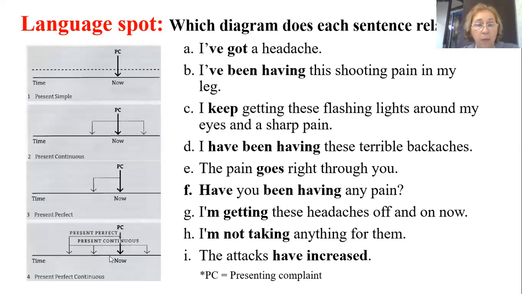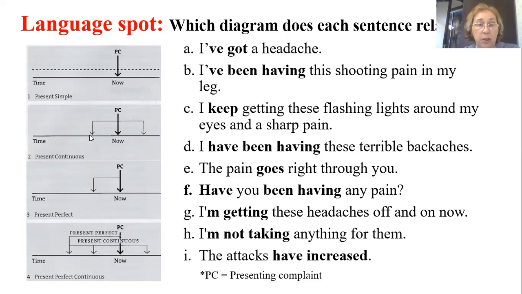Here we can see the 4 diagrams that illustrate these present tenses, like present simple. It is shown on the timeline, something that is true now at this moment. Then the second diagram is present continuous.